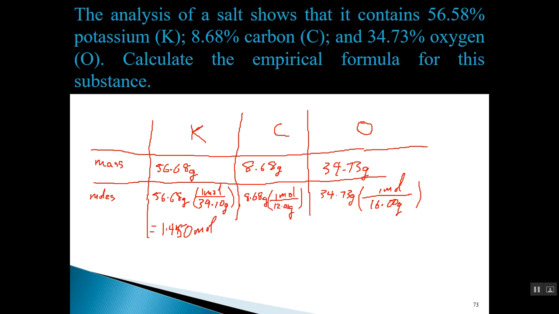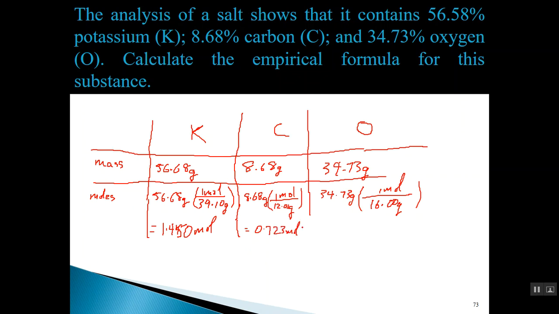Then in the case of carbon, 8.68 divided by 12.01, and the value I got in that case would be 0.723 moles.